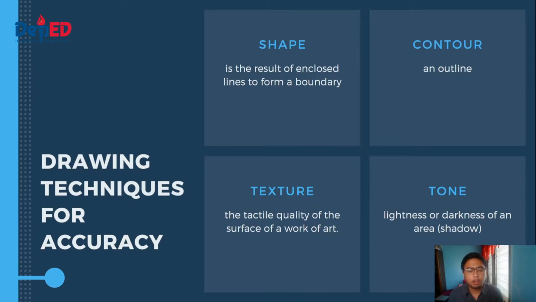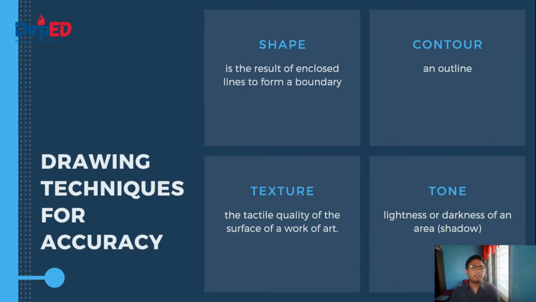Contour is the outline. So when you're talking about contouring, you're putting an outline on something. It's like in makeup, okay? Models who show how to put contour on their face, if they need to look thin, will use makeup to contour themselves. They form lines so that they look thin, though they're not. Texture is the tactile quality of the surface of the artwork.